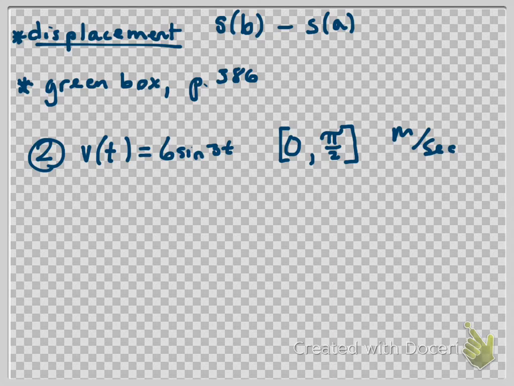Velocity. So what is that? It's what they gave me, right? So what do I do? What do I need to know about it? Find our zeros, okay? So we're going to do a sign diagram for our v of t. And we're only going from 0 to pi halves. So we're in the first quadrant, right?